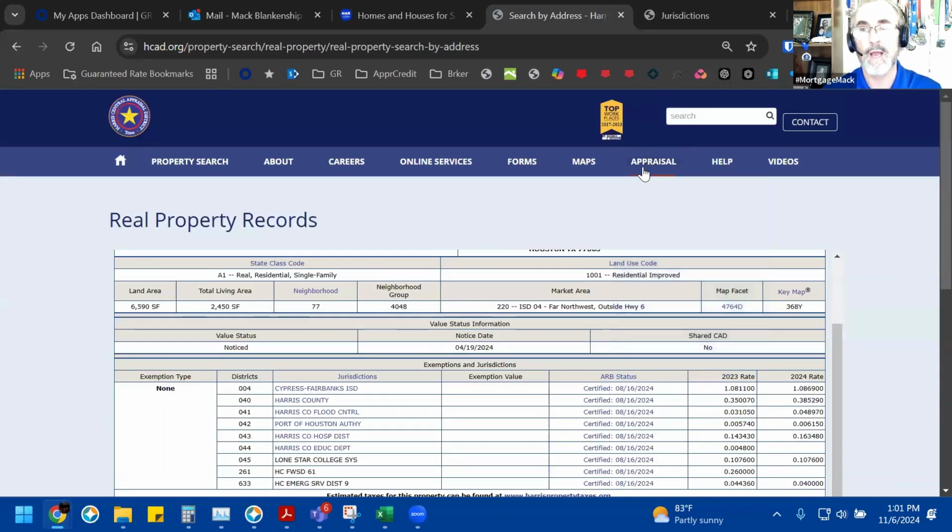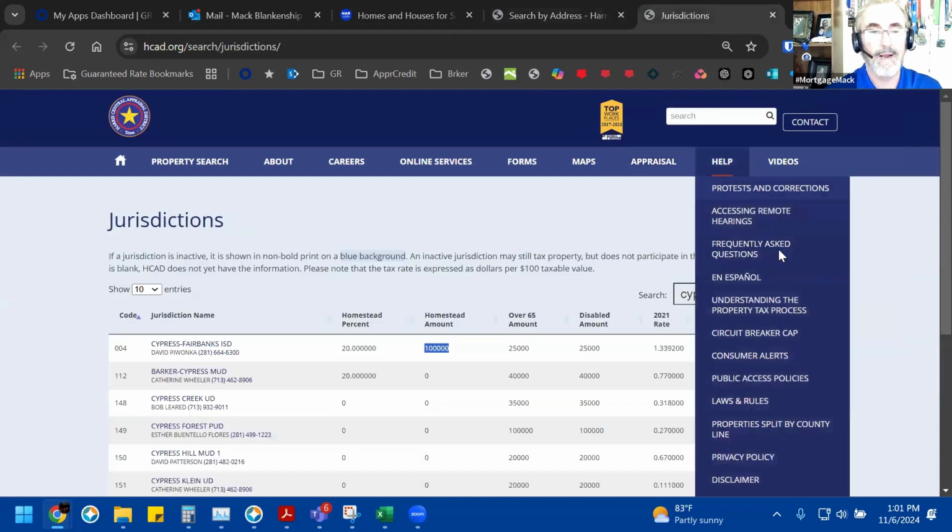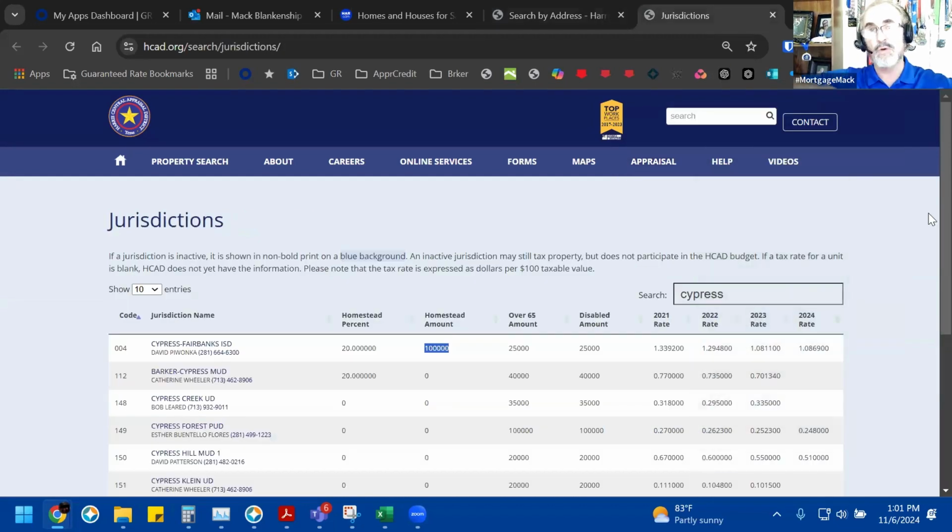If you go into the appraisal section on the County Appraisal District's website and look up jurisdictions, and I already have it open right here, it lists every single taxing entity in Harris County. And it also lists the exemption amounts for homestead, for over 65, and for disabled.